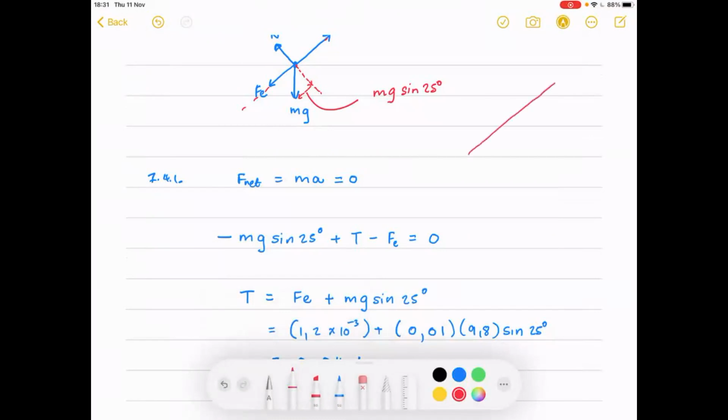So let's draw the incline here. We know that this is 25 degrees, and then we have the weight acting down like that. I'm going to continue this line here. Then we have the normal. That's 90 degrees, and that is also 90 degrees.